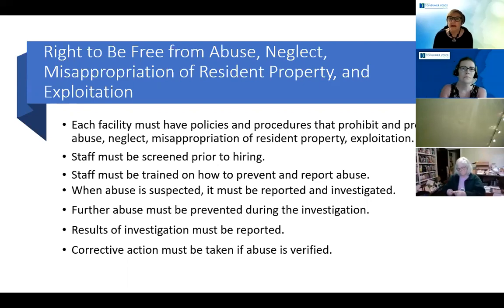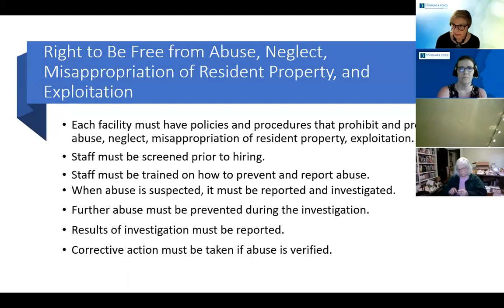So there are some checks, but they don't have to, for example, do a national check to find out if perhaps an aide is on a registry in another state. So they have to be screened. Staff have to be trained on how to prevent and report abuse.